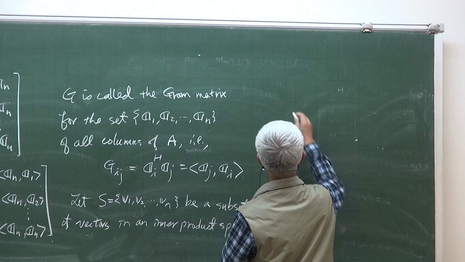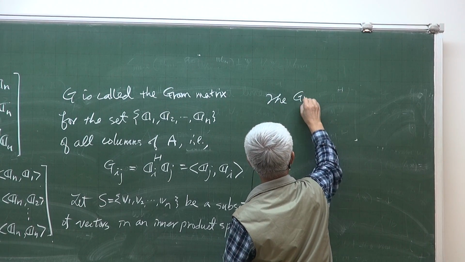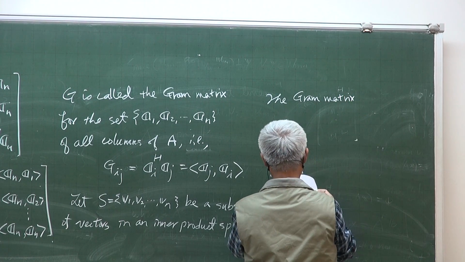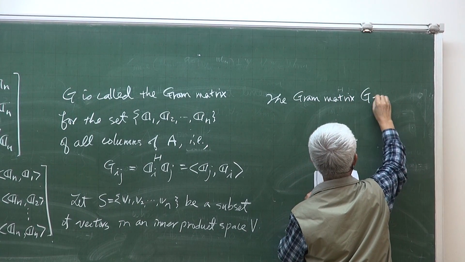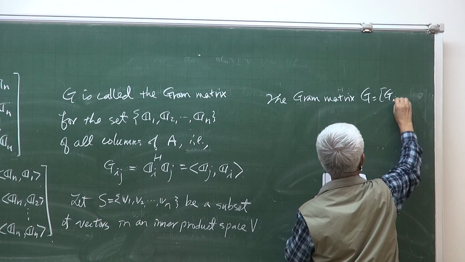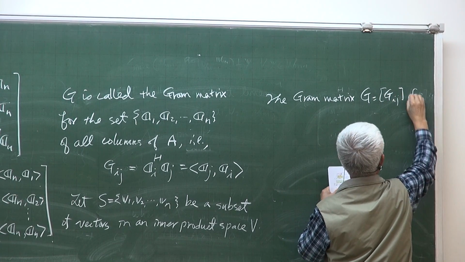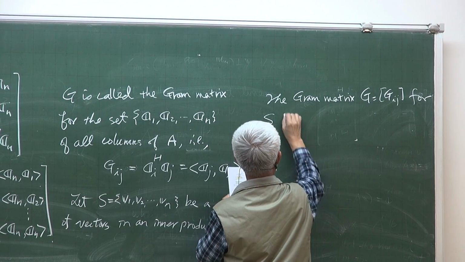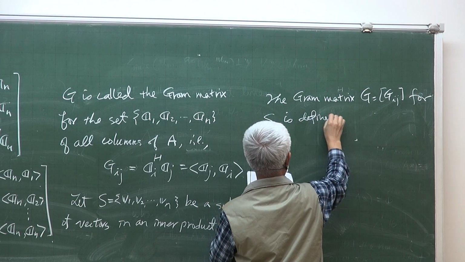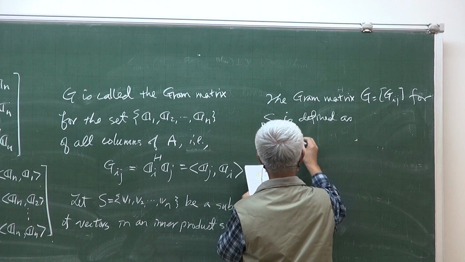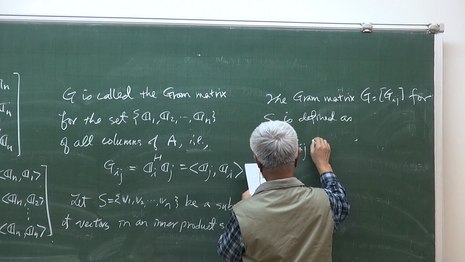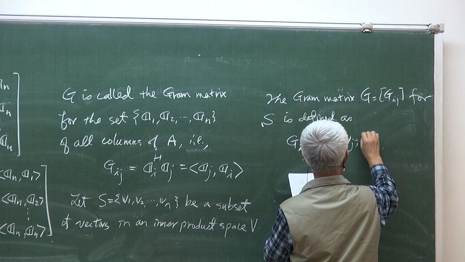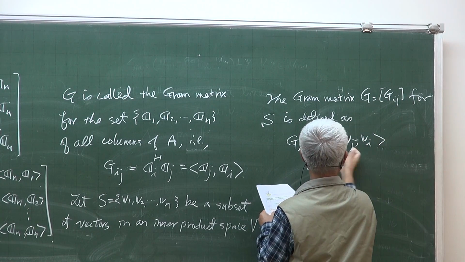Now, the Gram matrix G for S is defined as follows: Gij is defined to be the inner product of Vj and Vi.